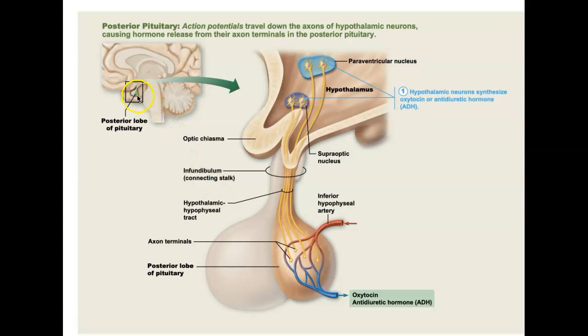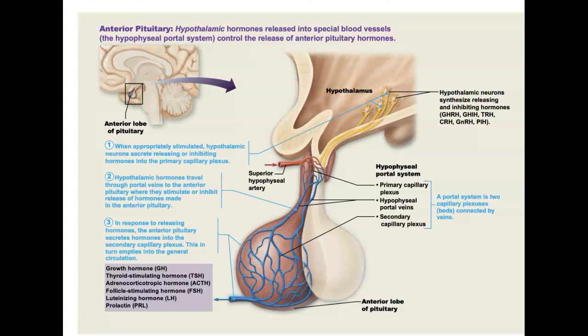So if we take that pituitary we just looked at and blow it up, here's the posterior pituitary in the back, obviously, and the anterior pituitary in the front. And so we're looking at the two different lobes of the pituitary. And you can see the hypothalamus there, just above the pituitary.